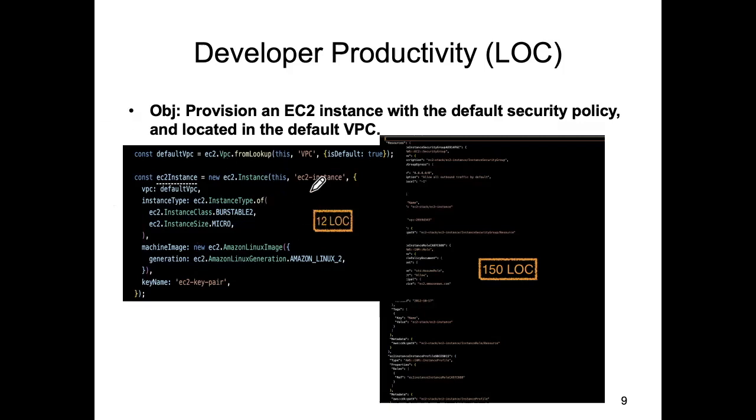And that 12 lines of code is converted into CloudFormation syntax. It turns out it builds up to 150 lines of code. So straight away, you get a sense of the benefit of implementing infrastructure code using an imperative language rather than a declarative language.